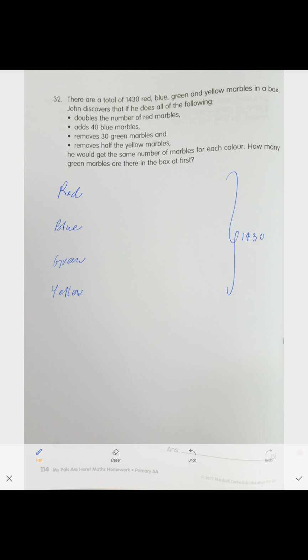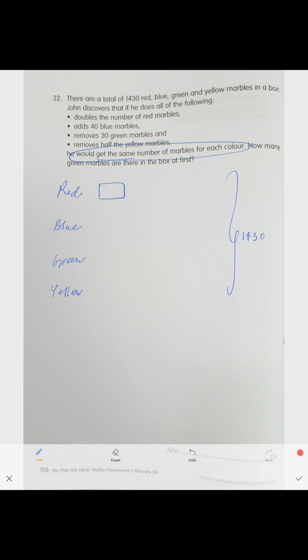Doubles the number of red marbles, so there is a unit. He would get the same number of marbles for each color. So there is a unit of red marbles. If we double it, all of them should be the same amount.